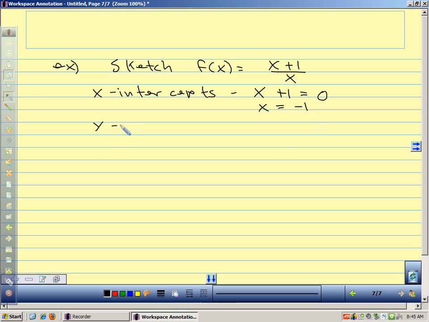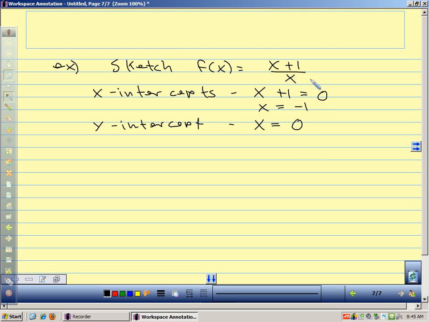Our y-intercept is where x equals 0. Is there a problem where x equals 0? What is it, Kelsey? What do you say, Josh?